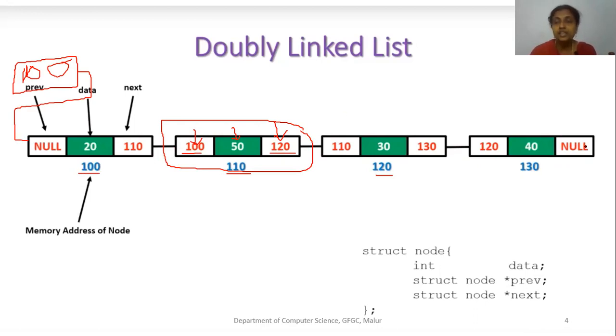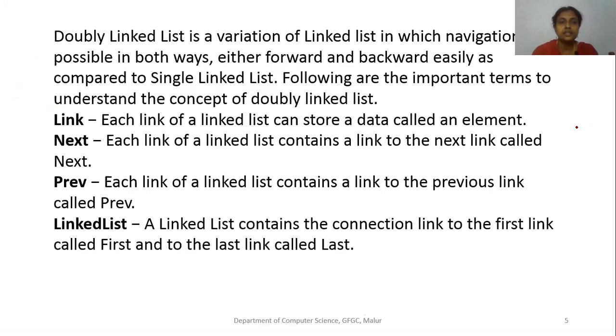The last node's right part, that means the next address, has to be made null, to tell the double linked list that this is the end of the list. To represent it is the last node, we will make the right part of the last node null. Got an idea? So this is how a double linked list will be designed.